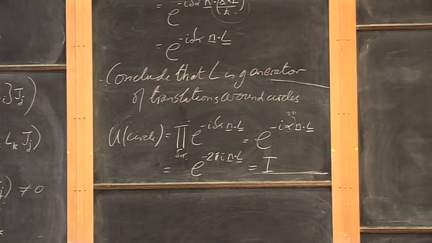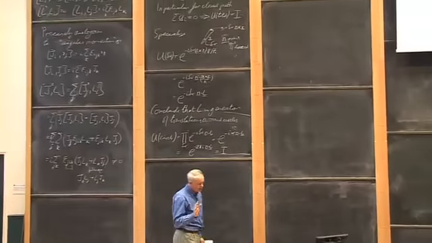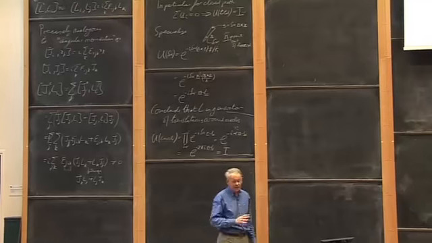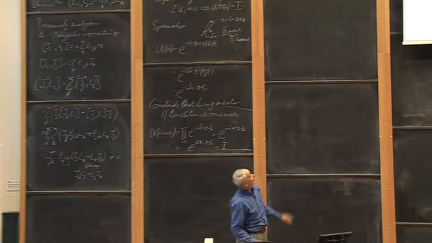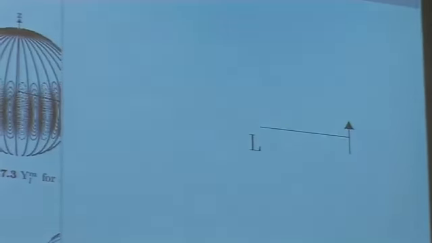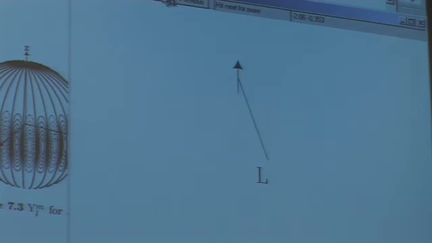So what is the general picture here? We can now understand what the distinction is between orbital angular momentum and angular momentum. So look at this L, and then there's this arrow here. We're moving the point at the base of the arrow around a circle.